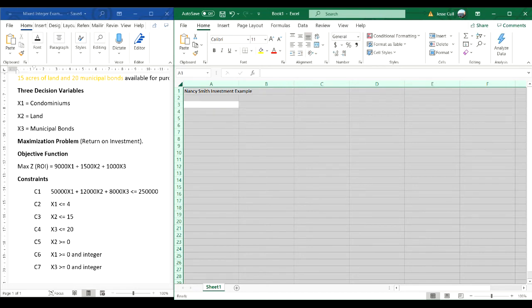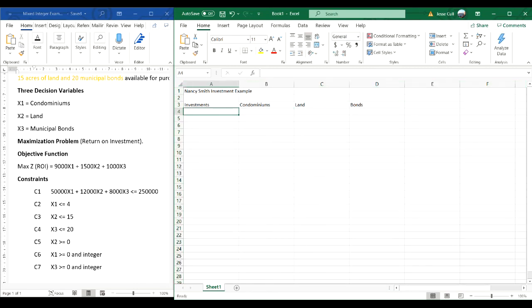As always, the first thing we put down here is our objective function, essentially. So it's our decision variables. We have 3 choices, as we saw before. Condominiums, land, and bonds.